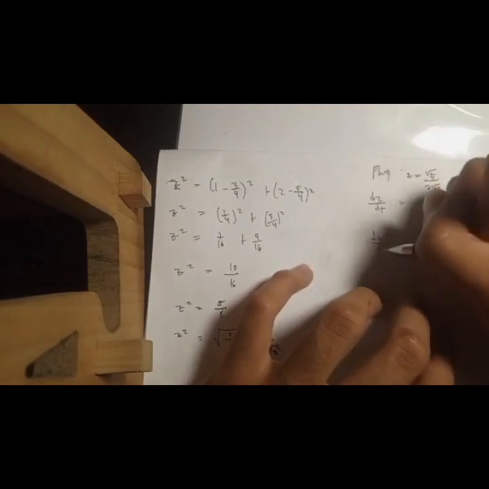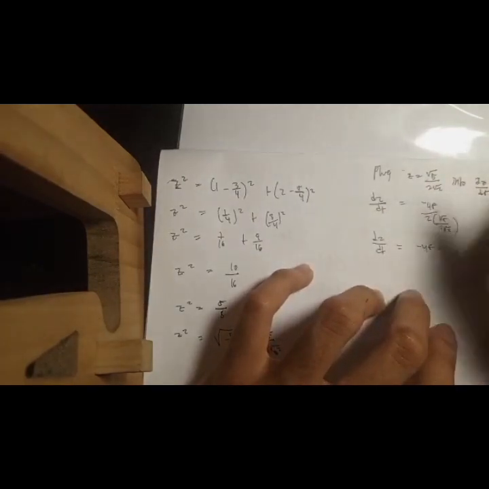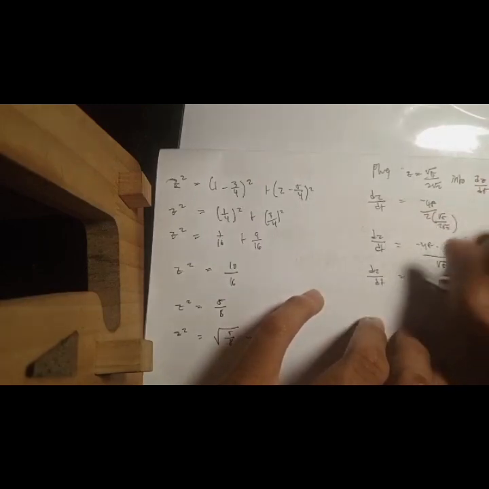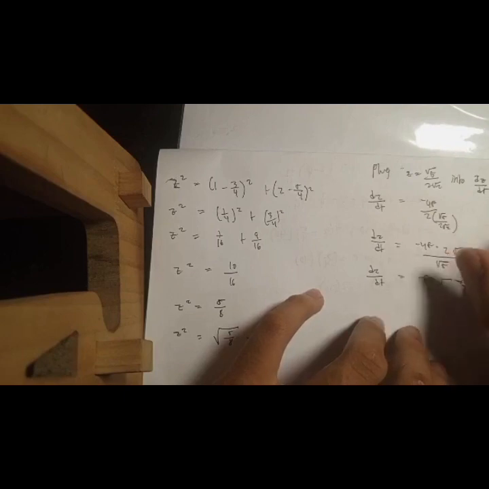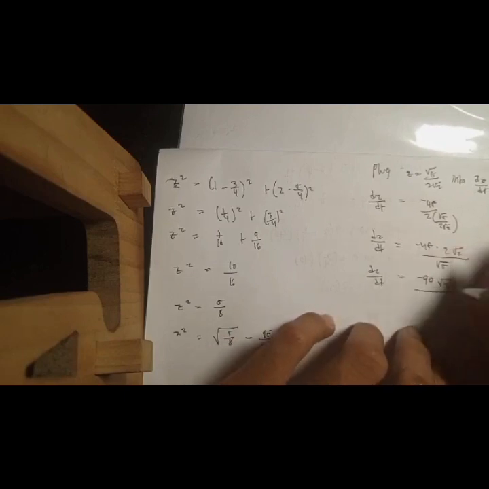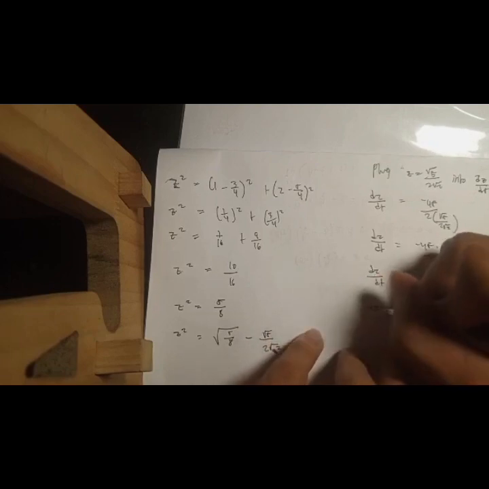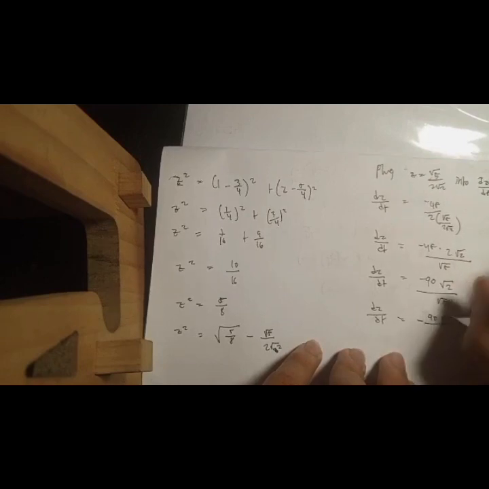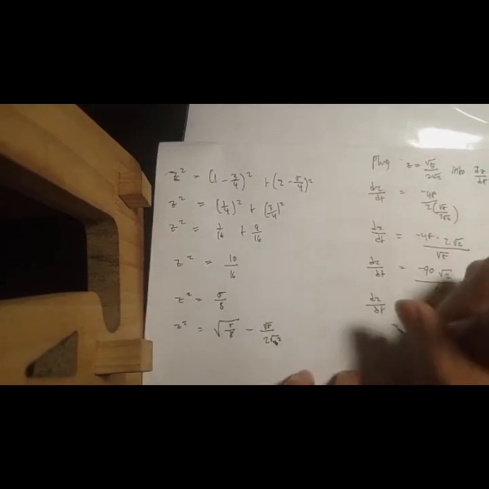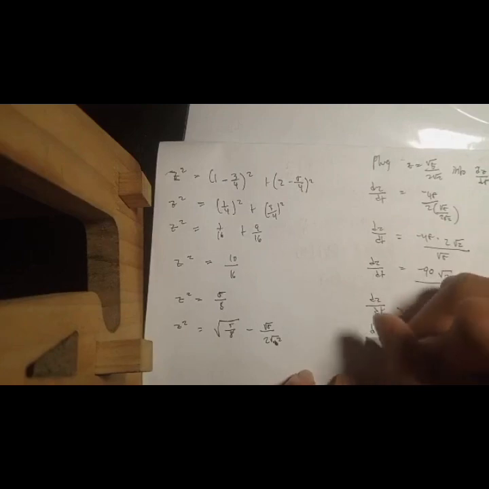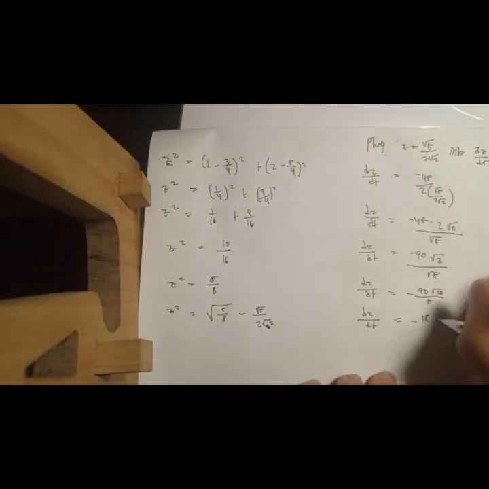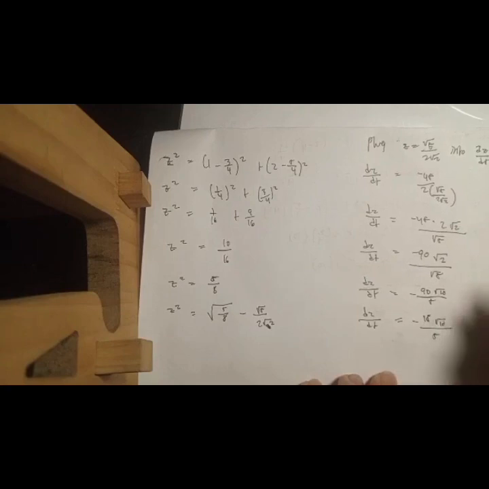Next is dz over dt equals negative 45 times 2 root 2 over root 5. Next is dz over dt equals negative 90 root 2 over root 5. And next is dz over dt equals negative 90 root 10 over 5. Next is dz over dt equals negative 18 root 10.